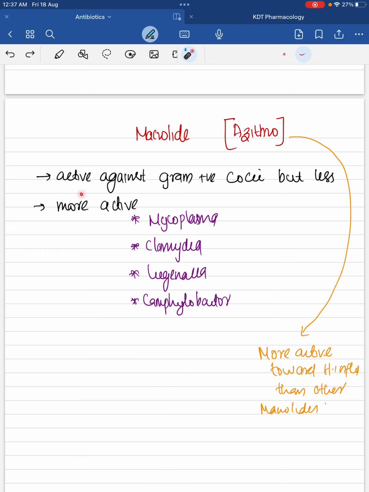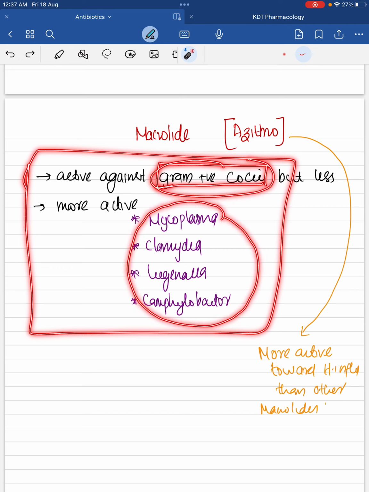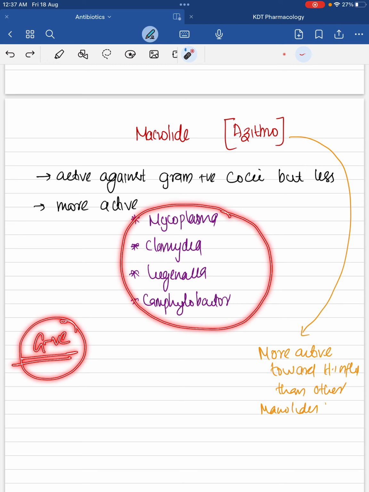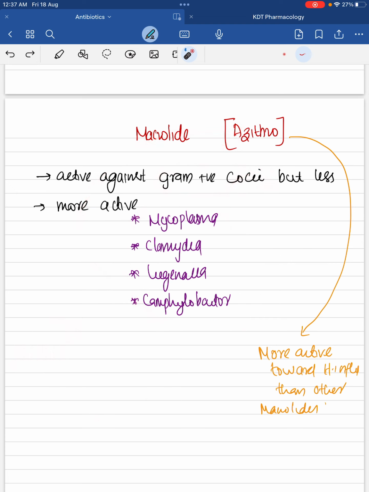Along with that, some gram positive cocci also, which means they can act against gram positive cocci as well as atypical bacteria, but they cannot cover the gram negatives. So when we are suspecting an atypical etiology or gram positive etiology, that means usually pneumonias in children more than 5 years, then we can select azithromycin. This much clear?